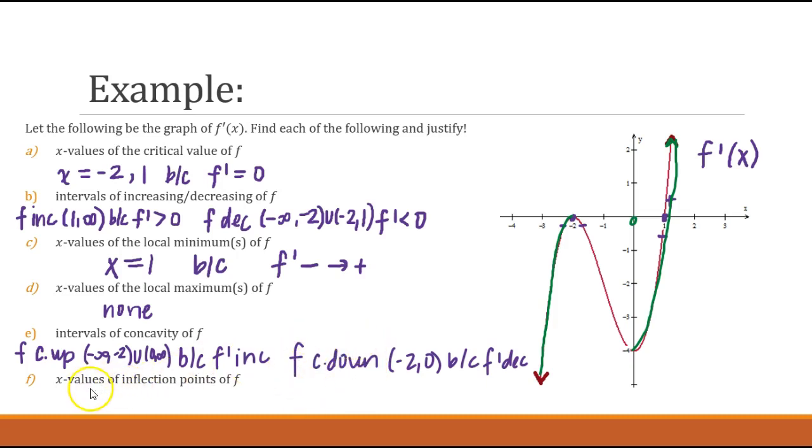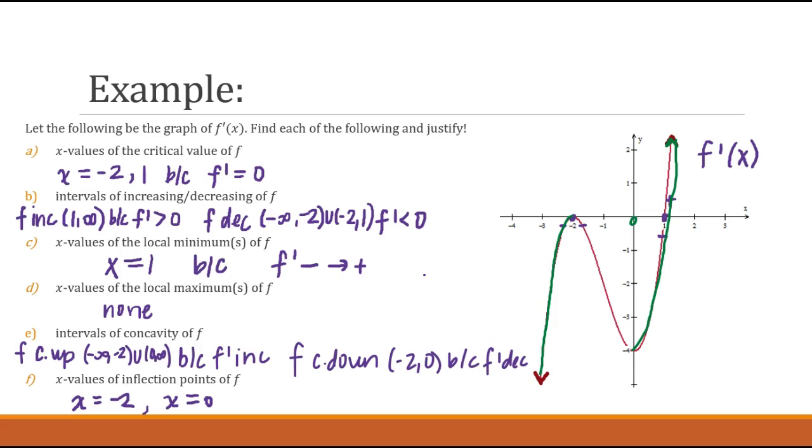And so that means we can find the x values of inflection points. Well, we know that the graph of f switches from concave up to concave down because f prime changes from increasing to decreasing at negative 2. So it turns out that x equals negative 2 and x equals 0, because at 0, f prime changes from decreasing to increasing.